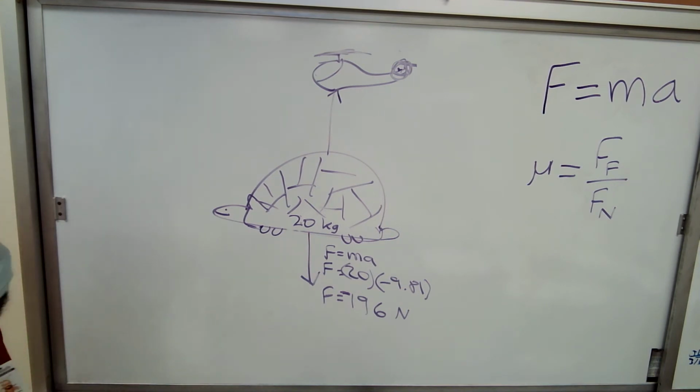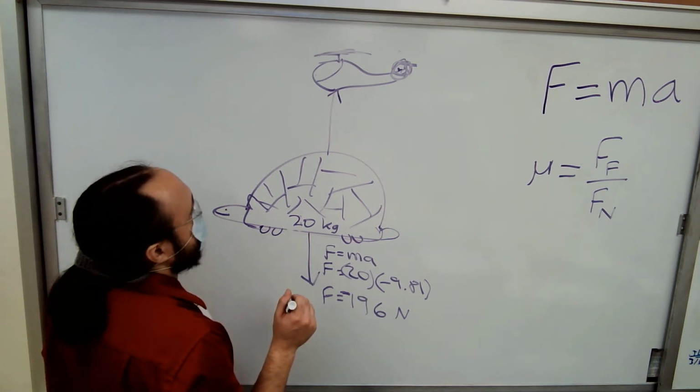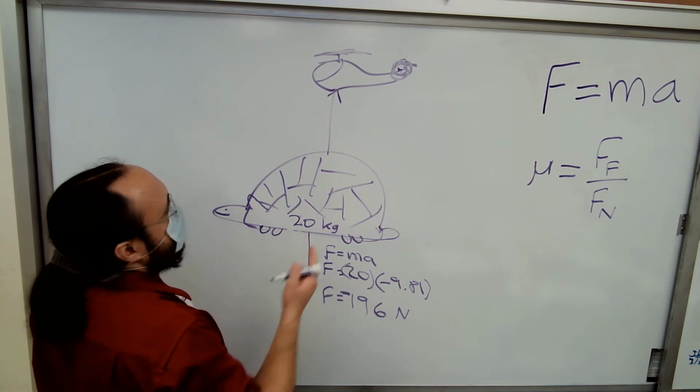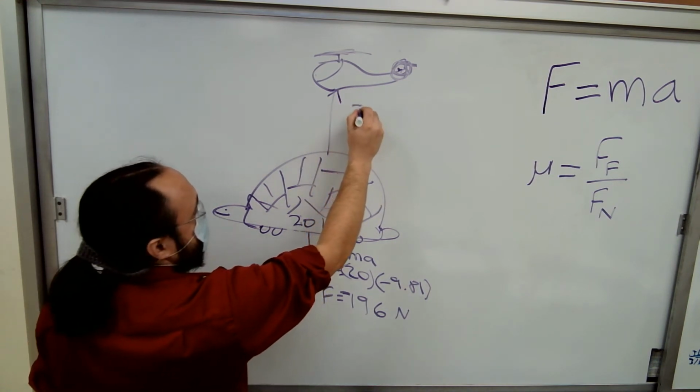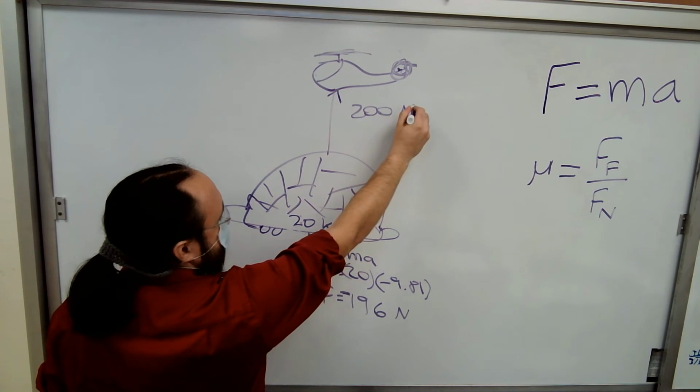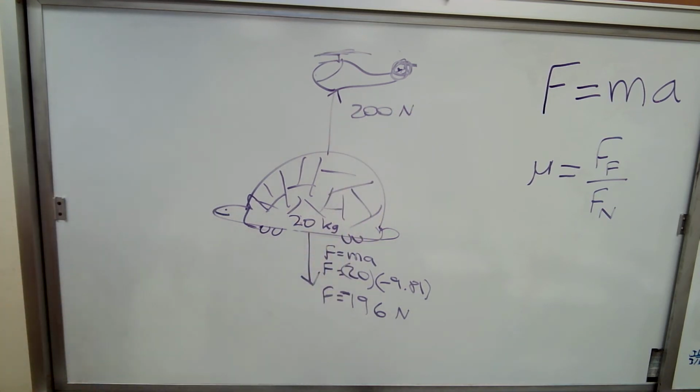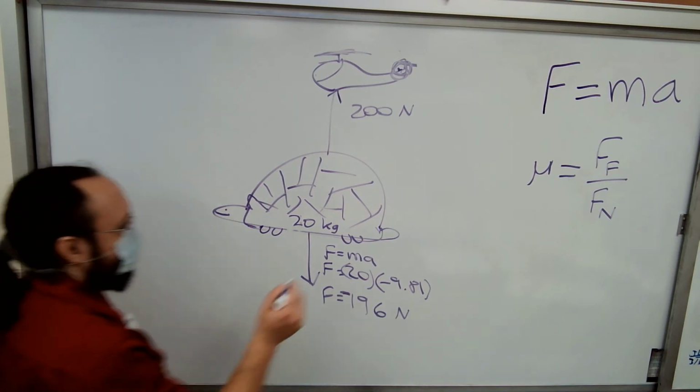Let's say that the helicopter is pulling up with 200 newtons. It's a very small helicopter, okay? It's just so the math works, I guess. Now let's make the turtle be pushed one way or the other.